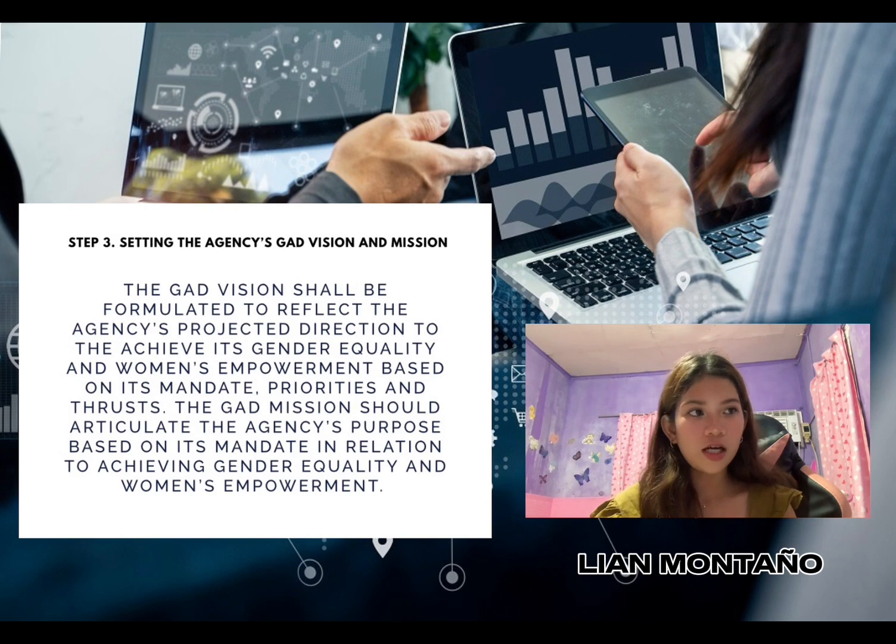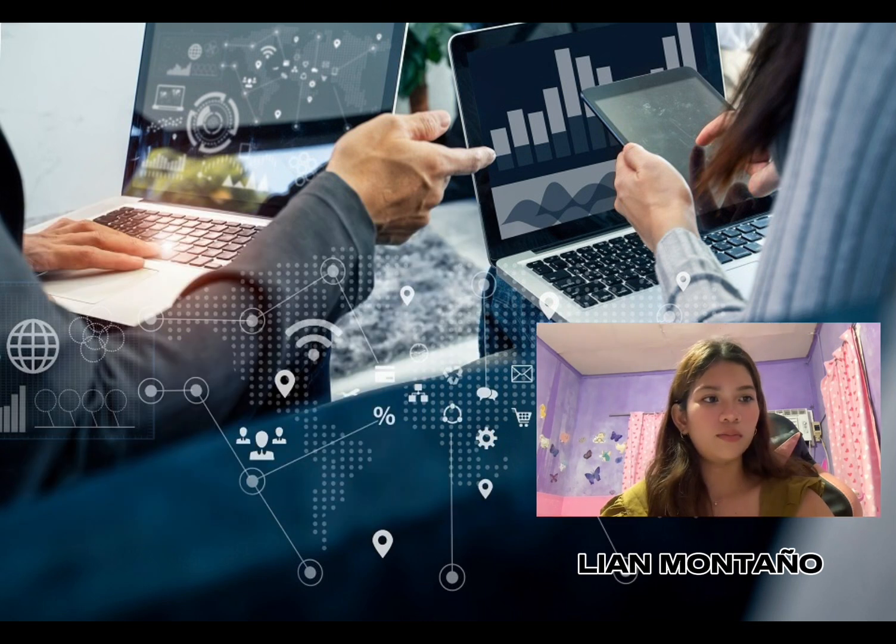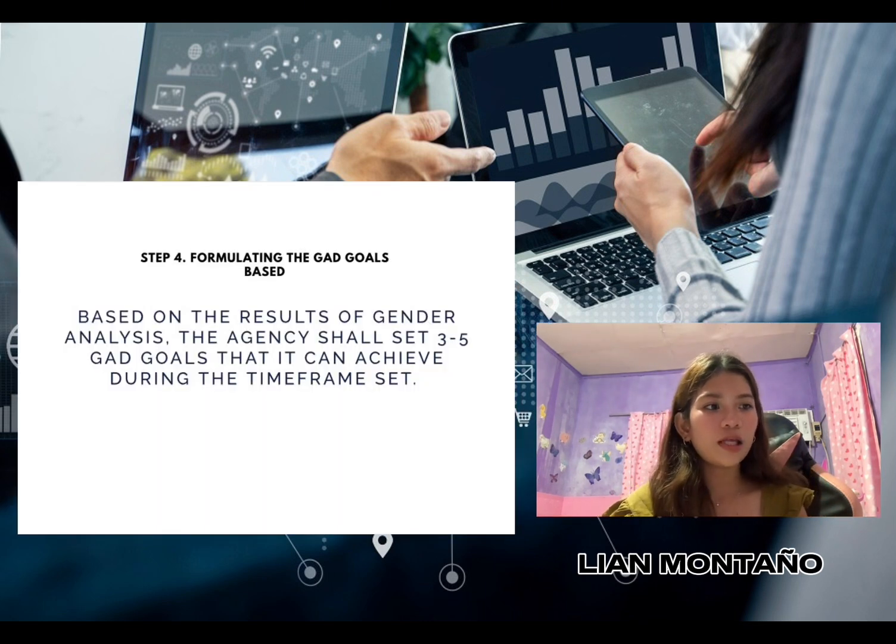And simply here, the agency sets a long-term vision for gender equality, and then explains how it will reach the goal. Step 4, formulating the GAD goals based on the results of gender analysis.